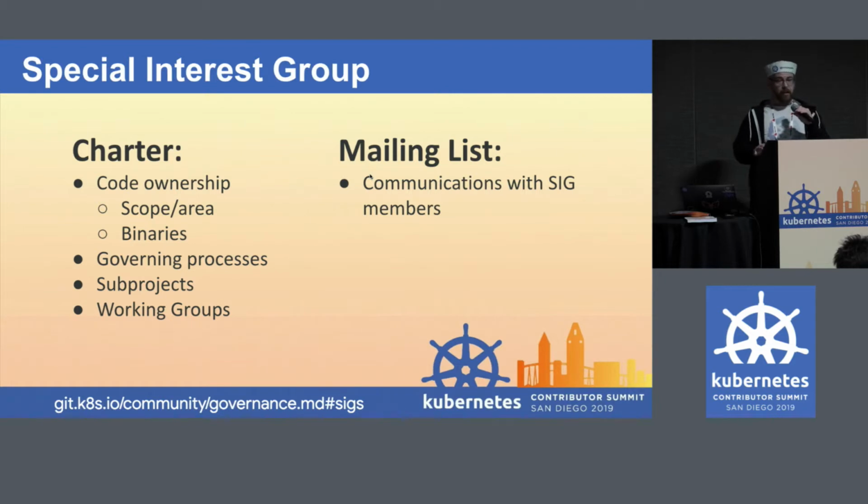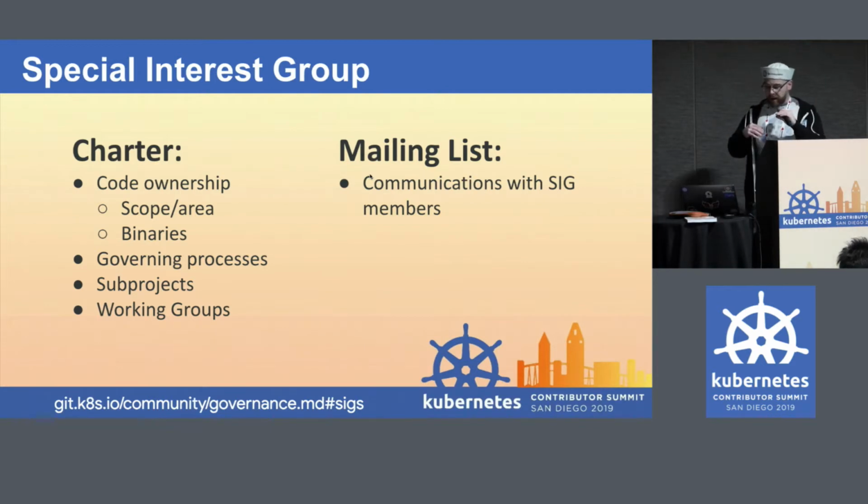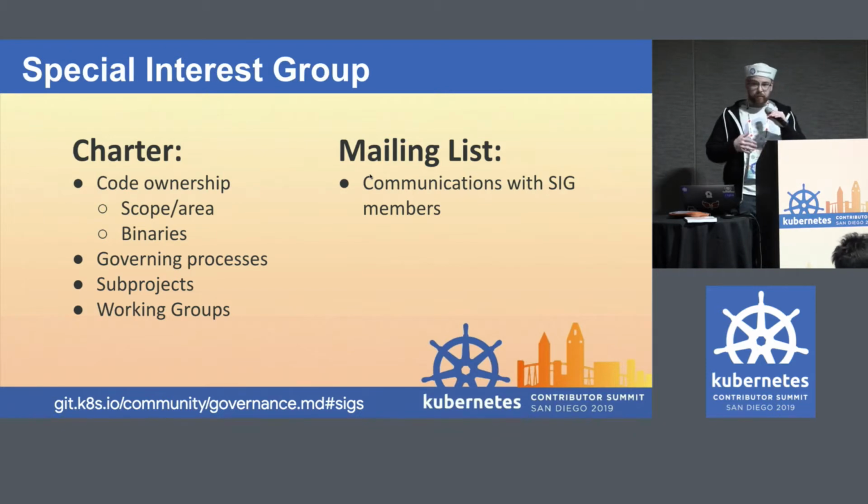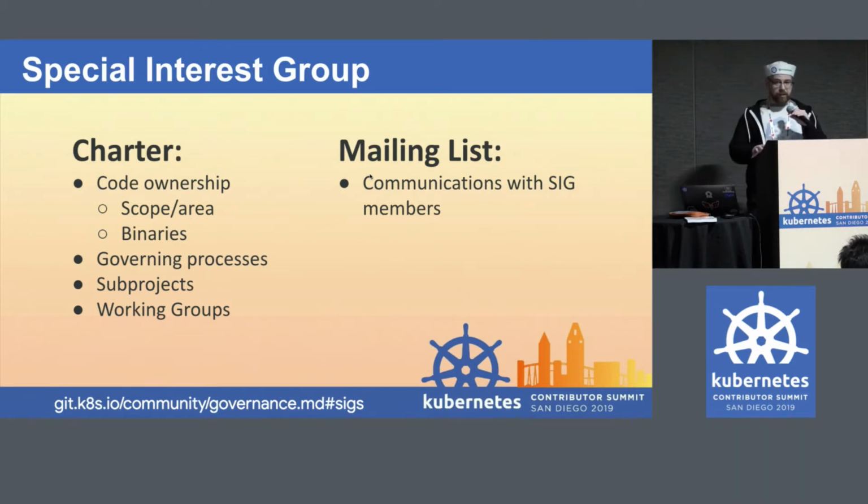Every SIG, and this holds true for working groups, user groups, and most of them, has its own mailing list and, in general, a Slack channel. The easiest way to get a feel for this stuff is to join that mailing list. And if you're curious where this stuff is, you can see at the bottom there the git.k8s.io community governance link.